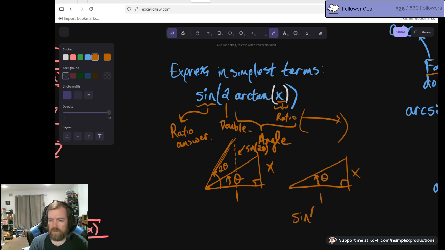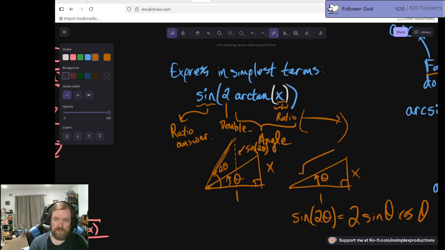The sine of 2 theta is equal to twice the sine of theta times the cosine of theta. And in order to get the sine and cosine of theta, we also need the hypotenuse. So here, this is going to be a Pythagorean theorem. The hypotenuse squared, like c squared, is going to be equal to a squared plus b squared, which is 1 plus x squared. And then we take the square root of all of it because we want c, not c squared.